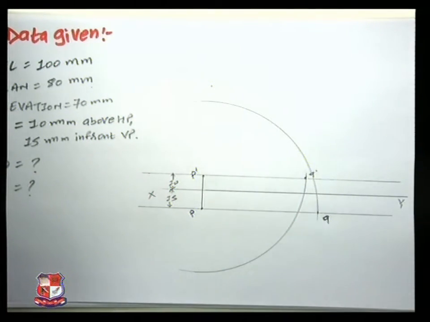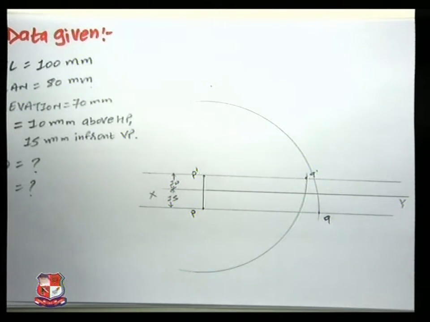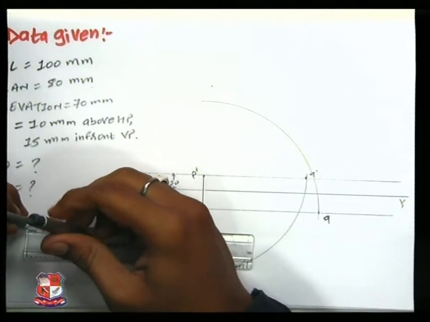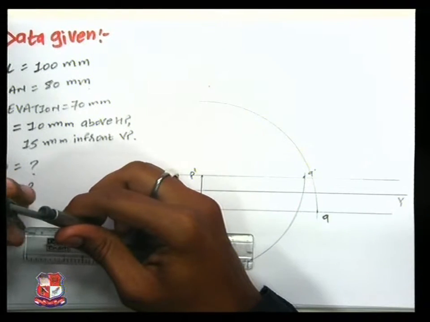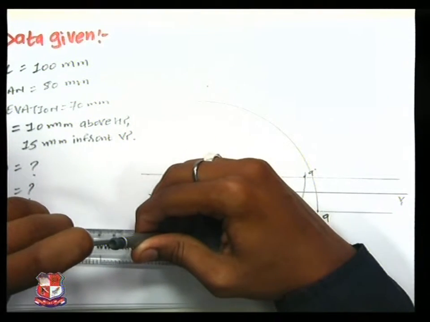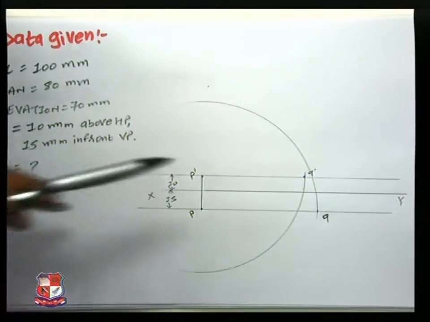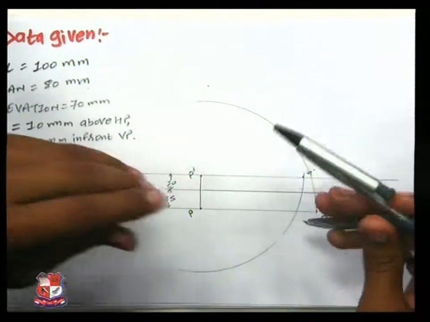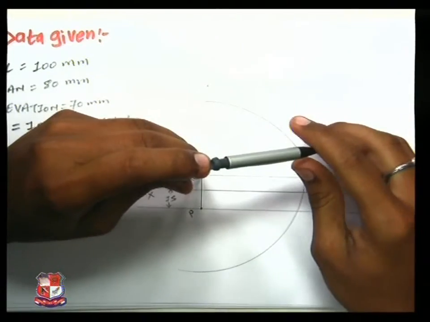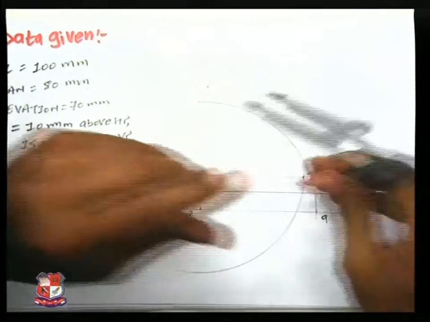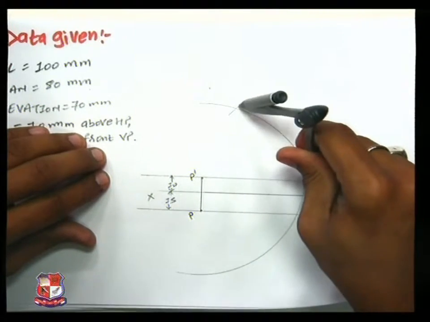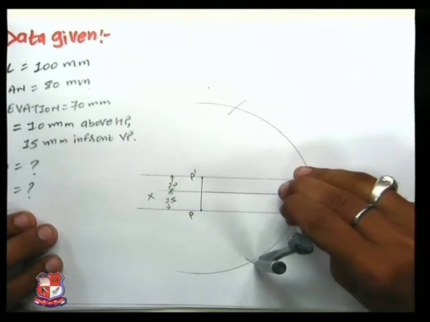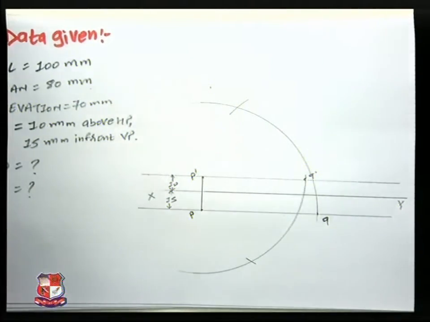Now we have a true length of 100 mm. So I will take a radius of 100 mm and mark it from this Q point like this, and the same from this Q dash point over here.